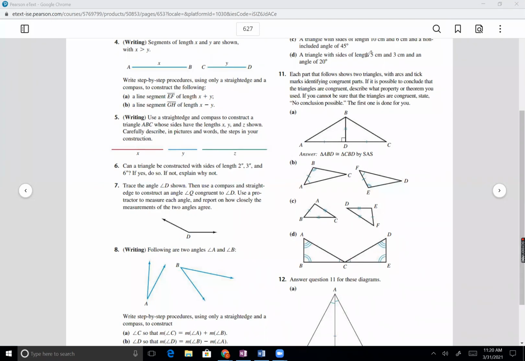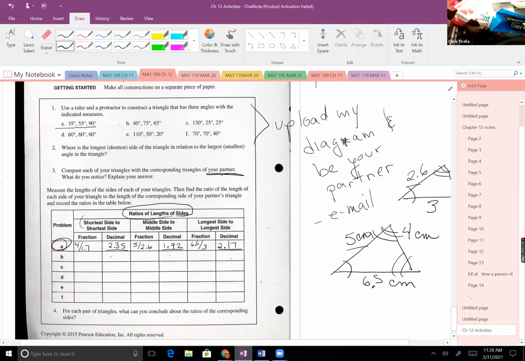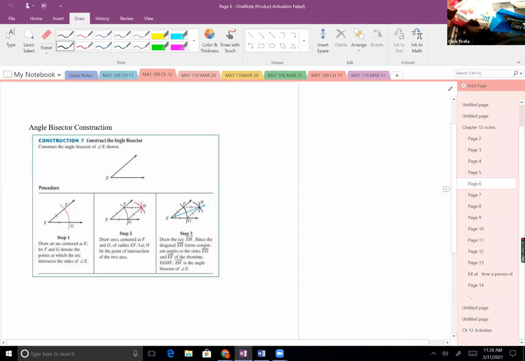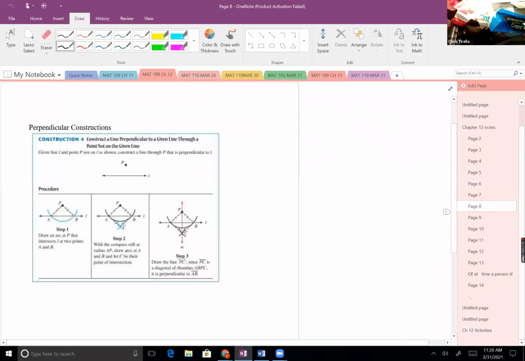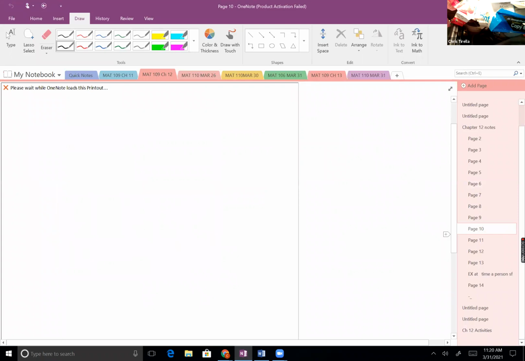Could you go over how to construct the median of a triangle? Sure. Thank you. In order to construct a median of a triangle, I'm going to, for a minute, look back in the notes. I take that back. Give me a minute.